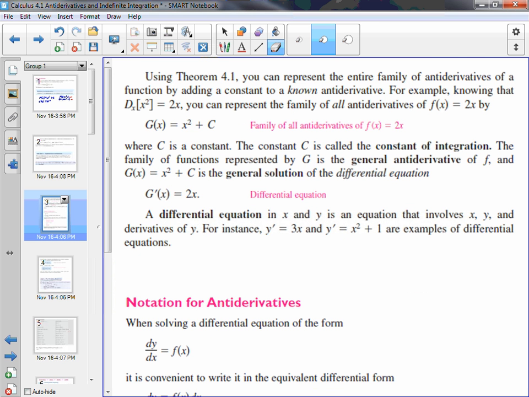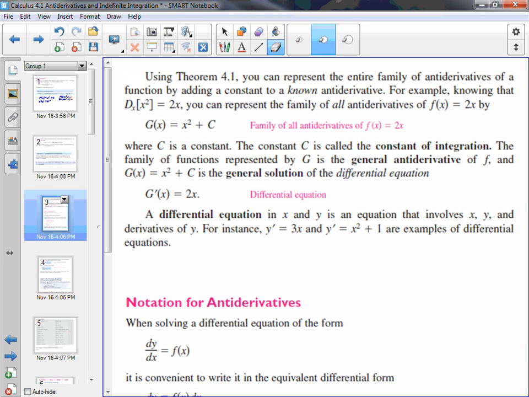Using that theorem, you can represent the entire family of antiderivatives of a function by adding a constant to a known antiderivative. So if you can find one antiderivative, all you got to do is say plus C, and that represents all of them.